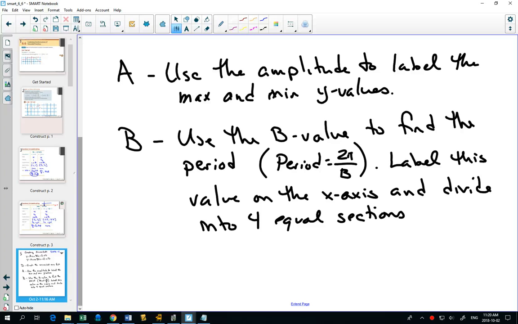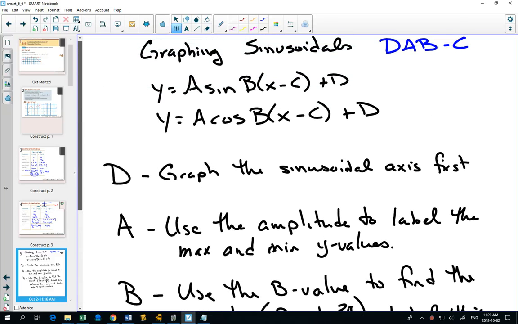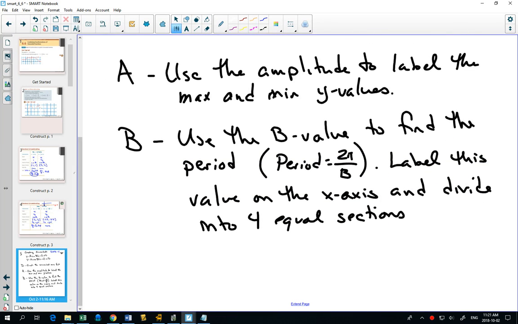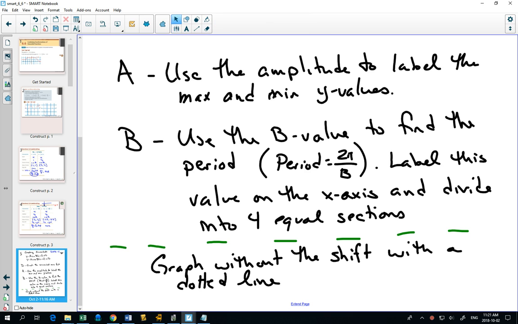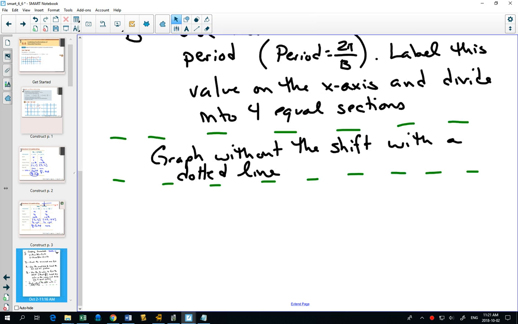And then the dash actually means something in the DAB C. So we're going to add the dashes here and put that in between 2 dashes.